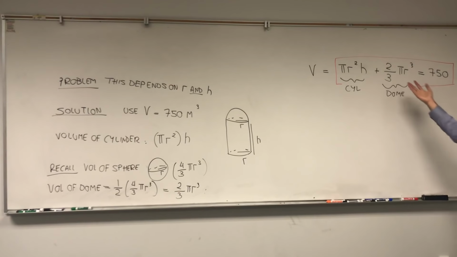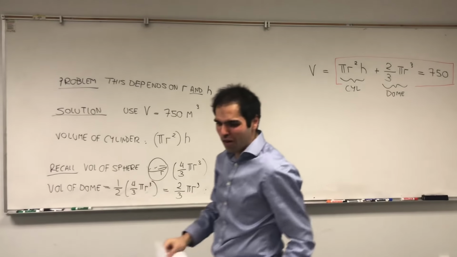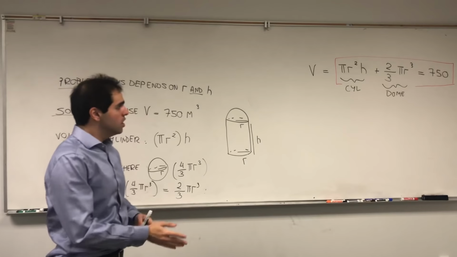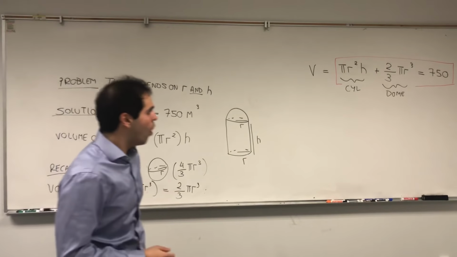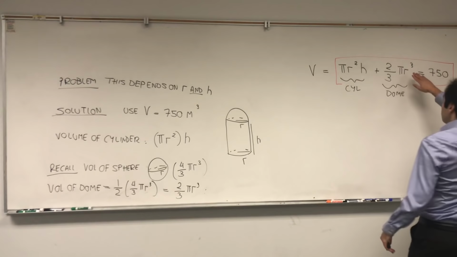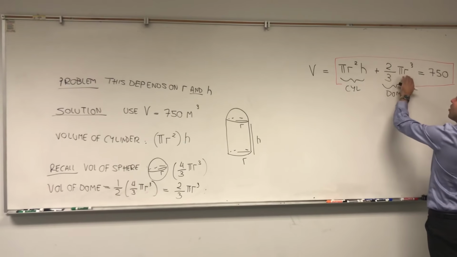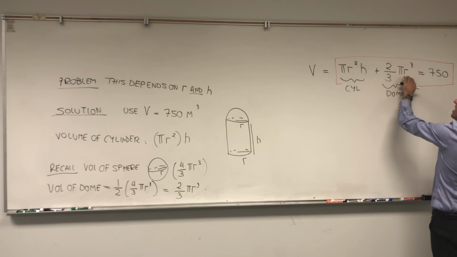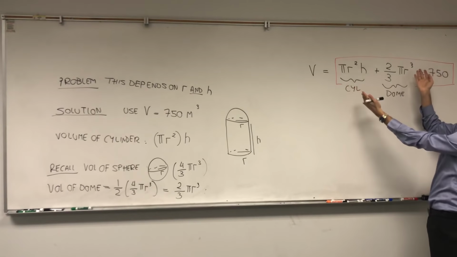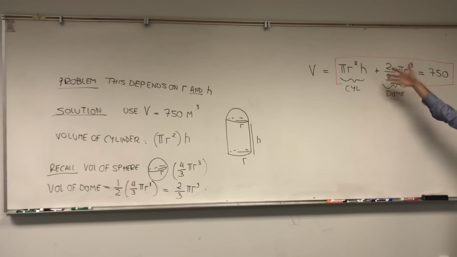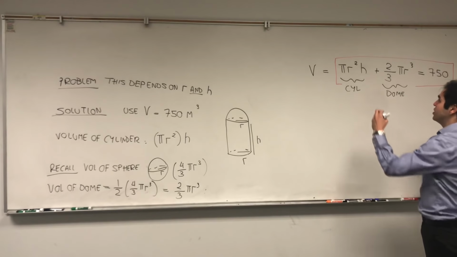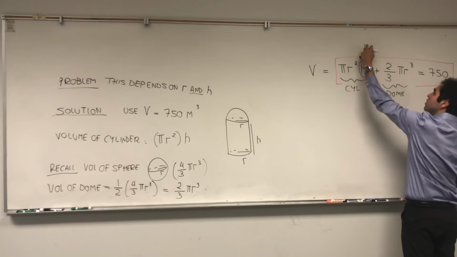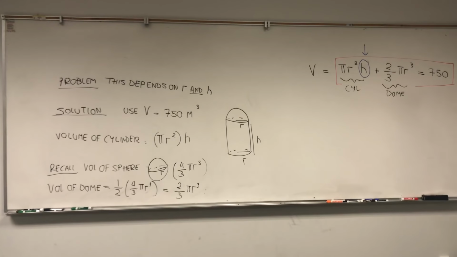And the question is, which one do we solve for? Because we have two choices. We can do r in terms of h, or h in terms of r. The only problem is, if you solve for r in terms of h, then it becomes quite messy. You have cube roots, square roots, and in fact, I believe it's not even possible right now to solve it. But it's much, much easier, and that's what we'll do, to solve for h in terms of r.